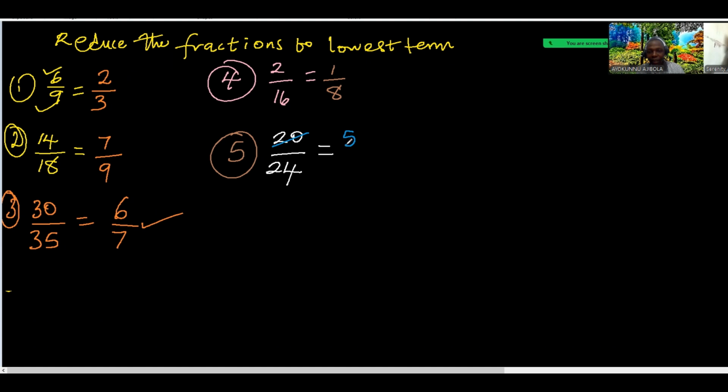And how many 4s in 24? 4 times 6 is 24. Yeah, that's 5 over 6, okay?